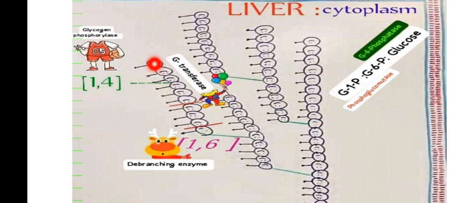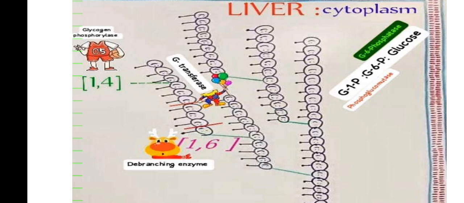So if you sprinkle on the 5 different alpha 1,4 glycosidic bonds, you release 5 glucose 1 phosphate molecules, because each phosphate group is going to attach itself to the first carbon atom of this glucose molecule.